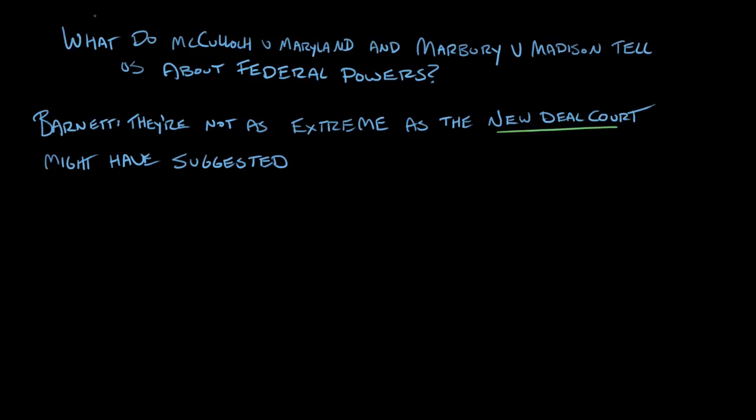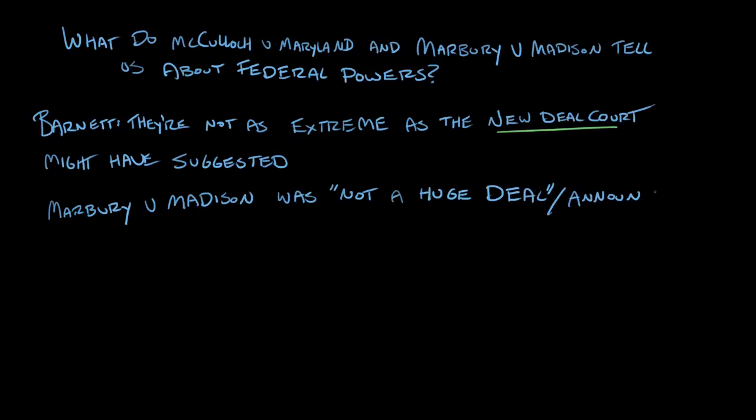Actually, they read Marbury versus Madison in some respects very narrowly because they didn't want courts invalidating their New Deal legislation. Marbury versus Madison was not a huge deal at the time it was decided. The idea that judges had a duty to follow the higher law when it was in conflict with the mere statute was widely accepted at the time of the founding. And so Marbury was not announcing a new policy.